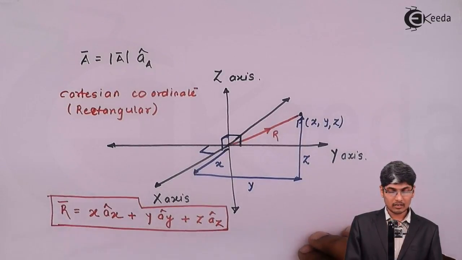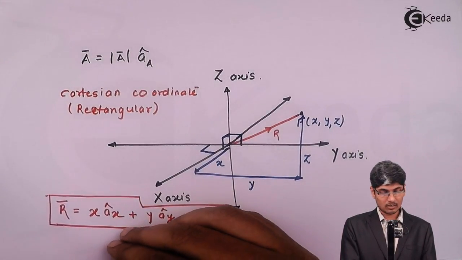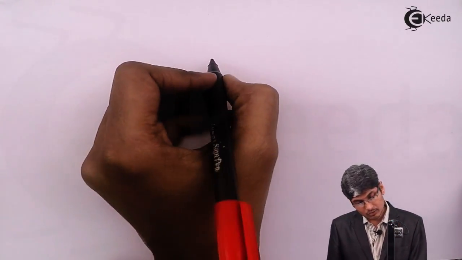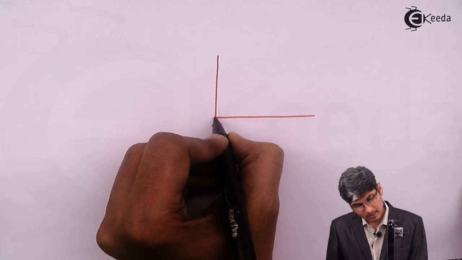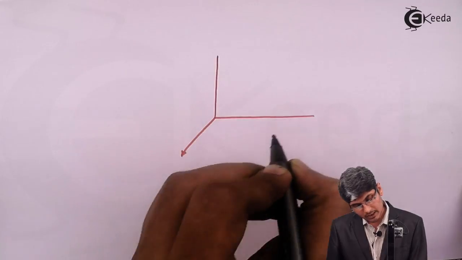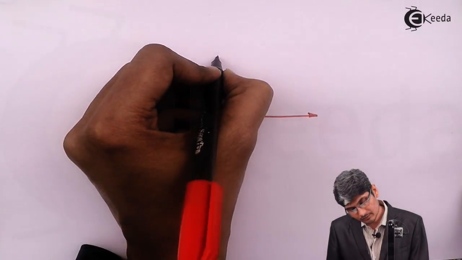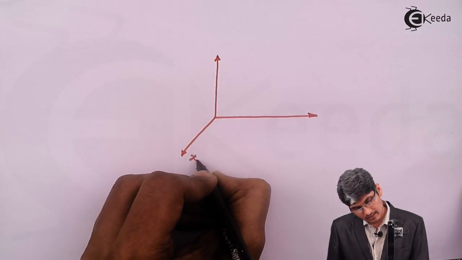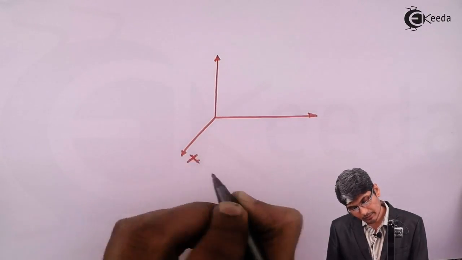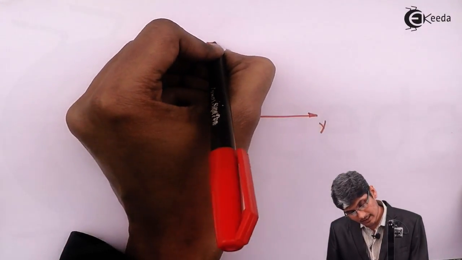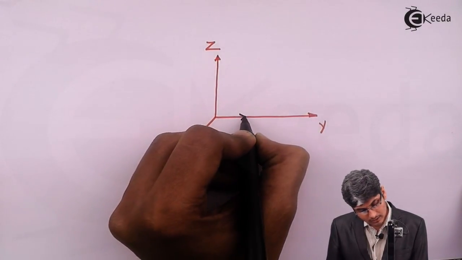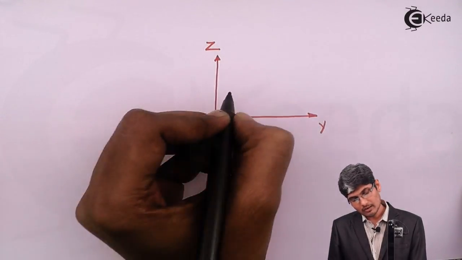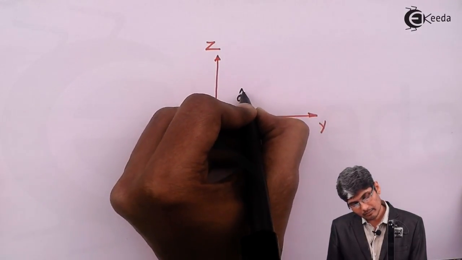So in general, when they draw a coordinate system, how they will show it is, let's say this is my z axis, this is my y axis and this is my x axis, purposefully taking all to be positive. So this is the x axis, I'll put capital letters, y axis and z axis. Then on the three axes, if I move along this direction, this is y cap.